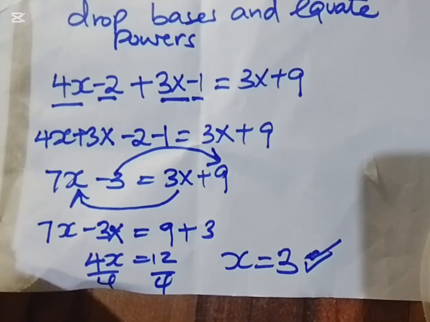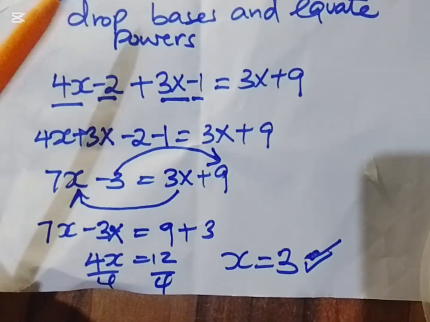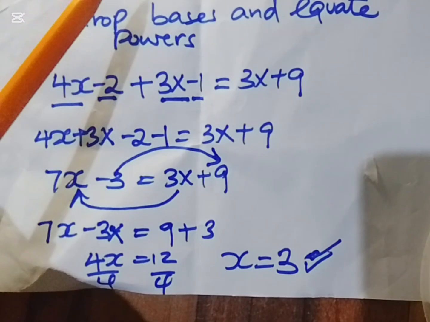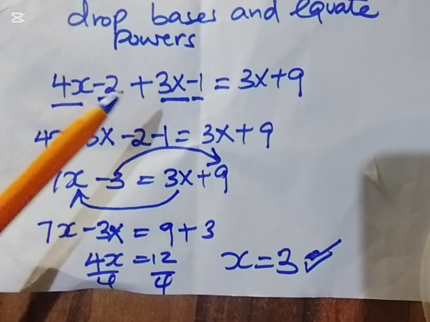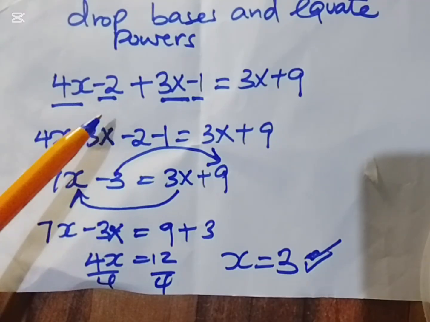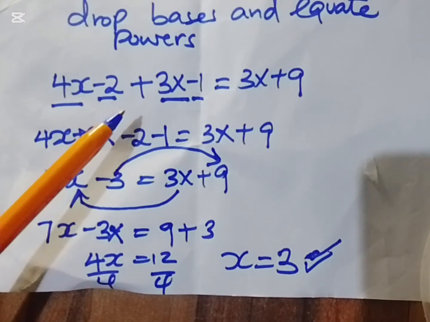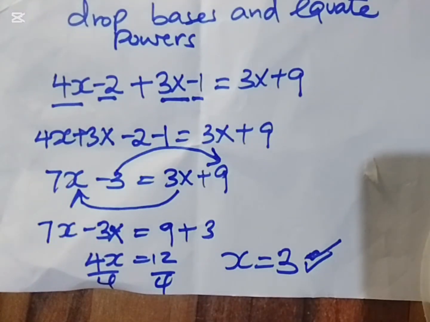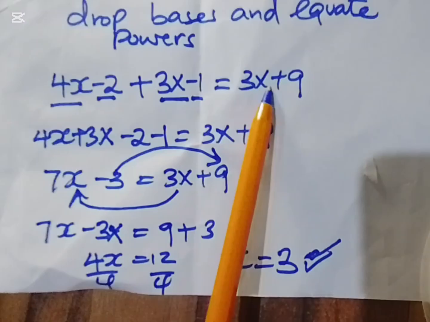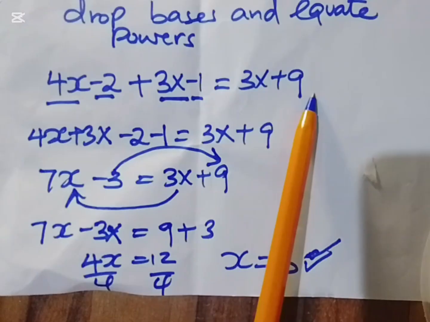In the multiplication law, when we drop the bases, we simply add the powers. So that's where the plus is coming from. So now we have 4x minus 2 plus 3x minus 1 is equal to 3x plus 9.